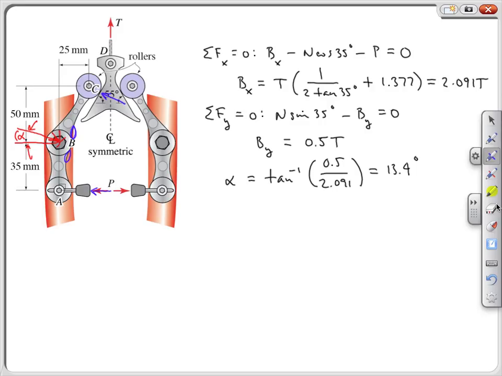Now, if the problem is with the excessive bearing force, then what we might look for is a failure on the side over here around bearing B. So these would be three locations that we might look at in order to determine if it's these planar forces that are giving us a problem.